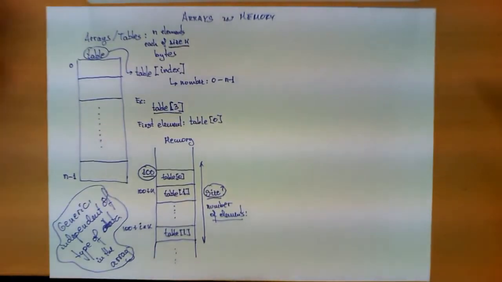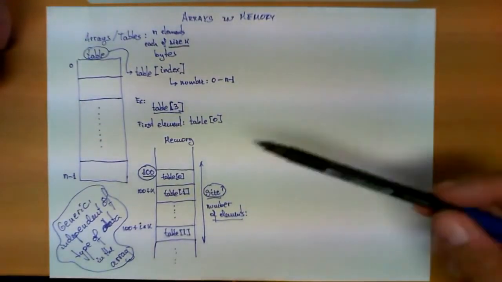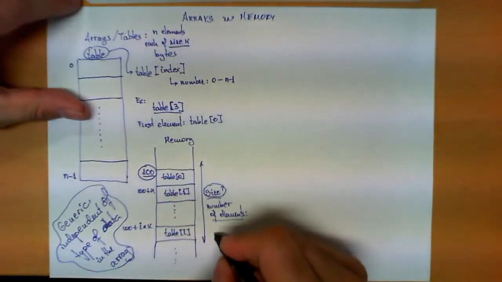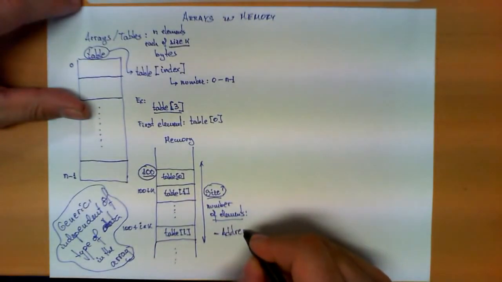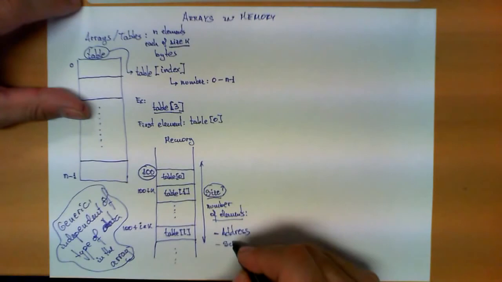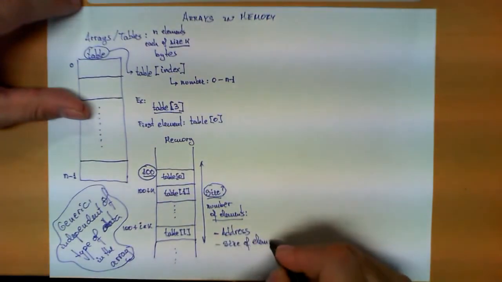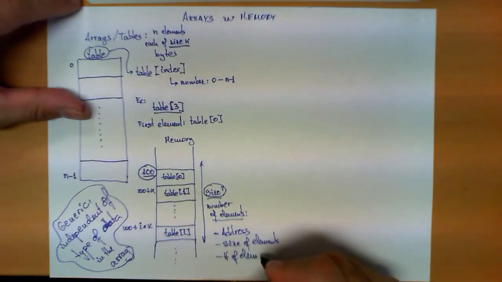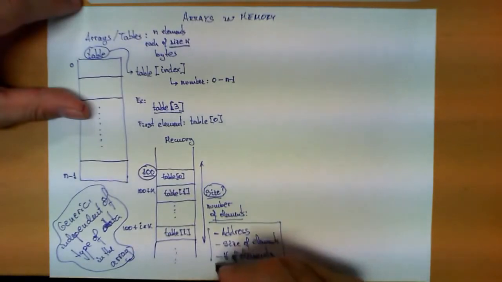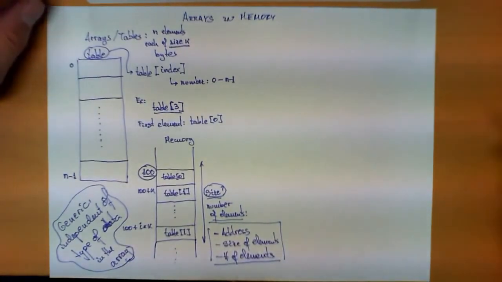Once you have these three parameters, not two, but three parameters: address, size of elements, and number of elements, then you can compute the address of any element in the array.